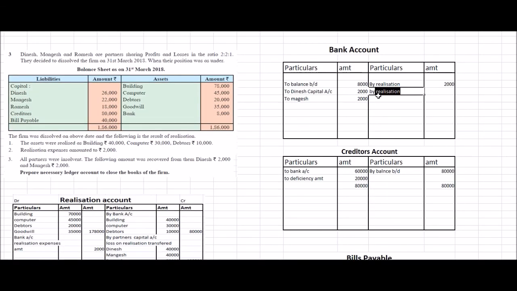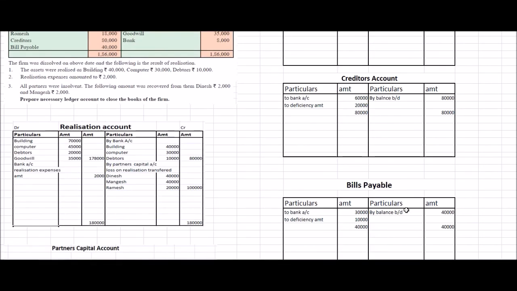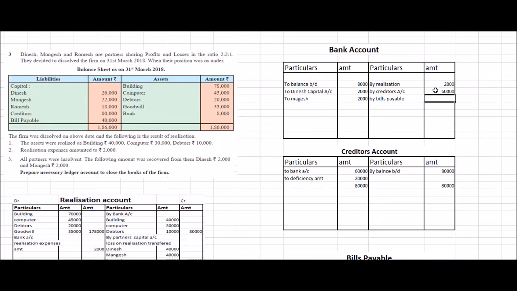So by creditors account, 60,000 rupees. Next, by bills payable amount, 30,000 rupees.